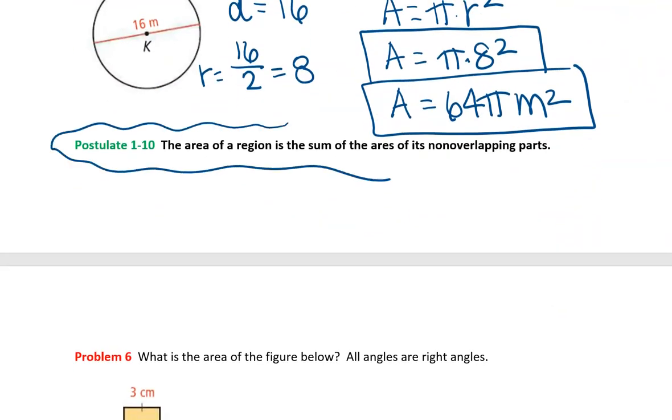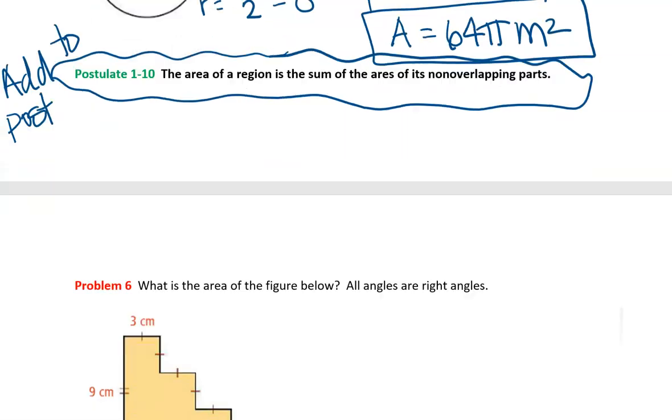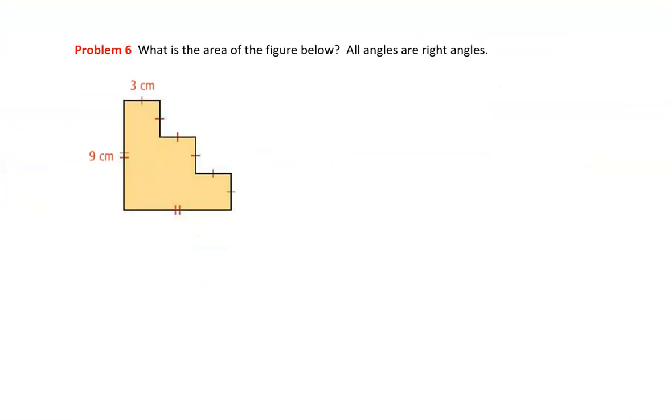Postulate 110, make sure you put this into your postulates and theorems. So add that to your postulates. Postulate 110 says the area of a region is the sum of the areas of the non-overlapping parts. So in problem number 6, which is on page 63, what is the area of the figure below?